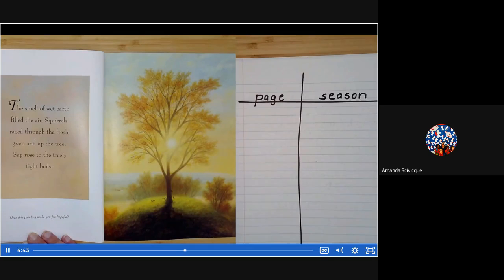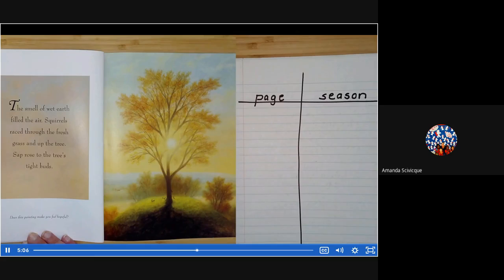Which words are giving you clues about the season? Ready? Here we go. The smell of wet earth filled the air. Squirrels raced through the fresh grass and up the tree. Sap rose to the tree's tight buds.